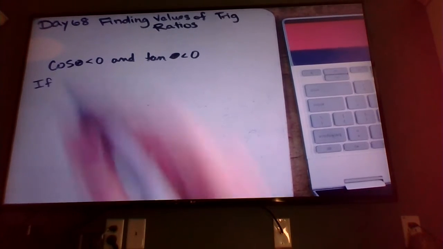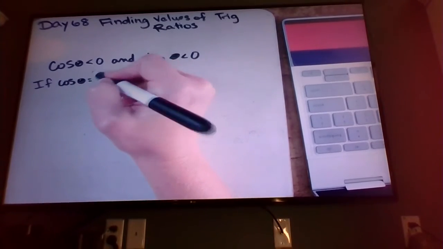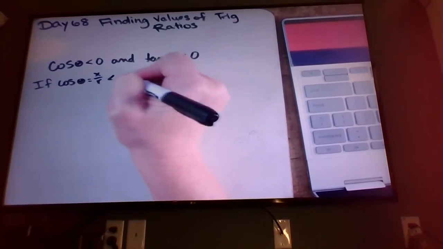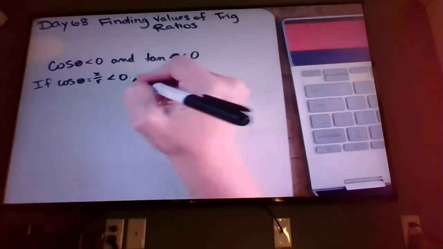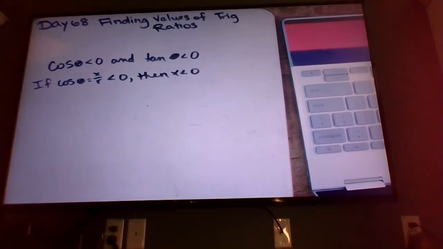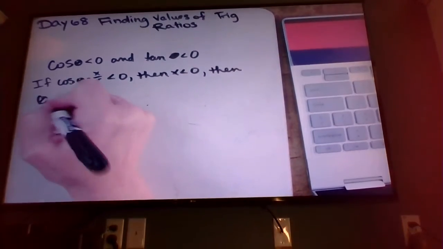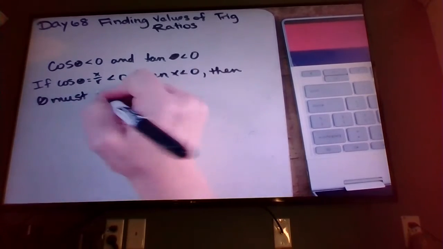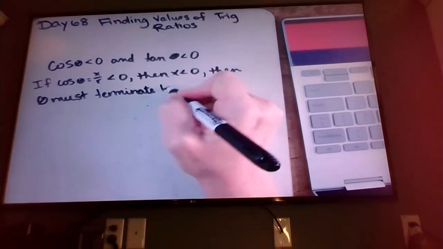Okay, so if the cosine of theta is equal to x over r, which is less than 0, then that means x is less than 0, because r is a distance, so that's always going to be positive. So if x is less than 0, then theta must terminate left of the y-axis.